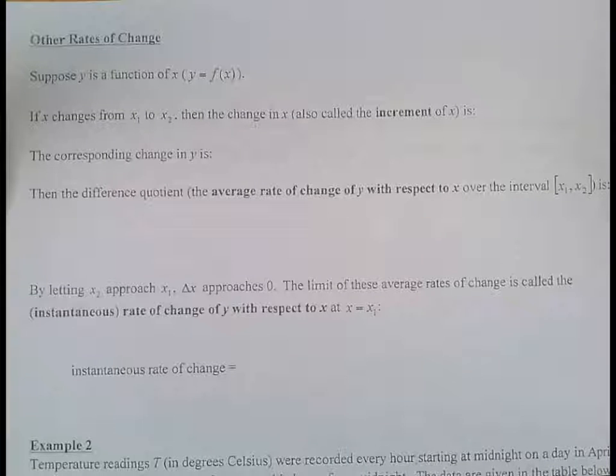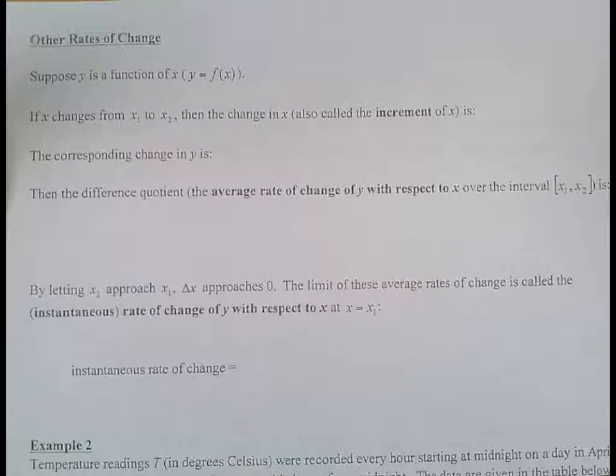And that limit actually can help you find any instantaneous rate of change. So slope of a tangent line is one application, instantaneous velocity is one application, but anything that's described as a rate of change or an instantaneous rate of change can be calculated using that limit.